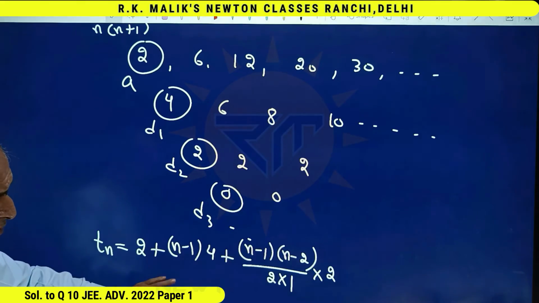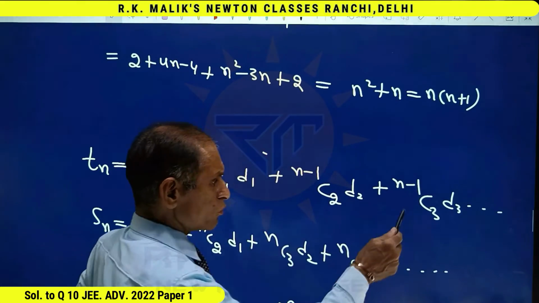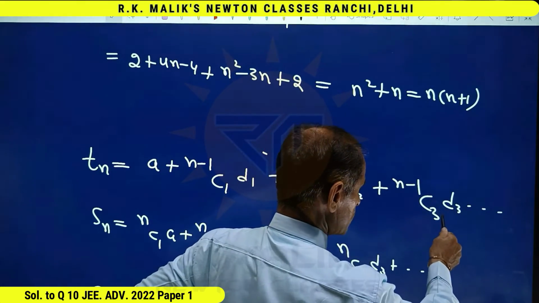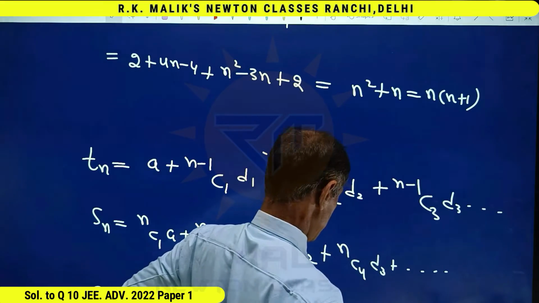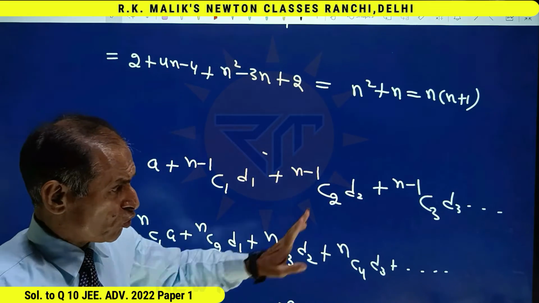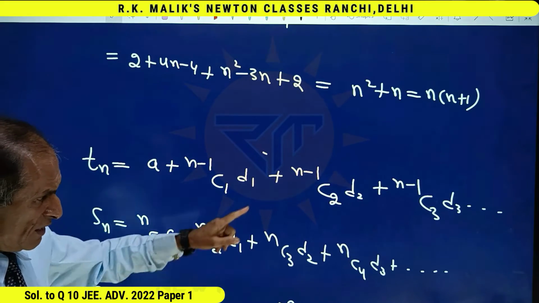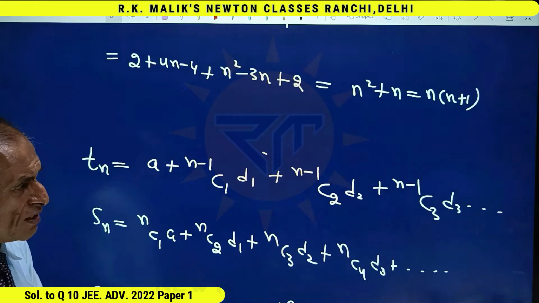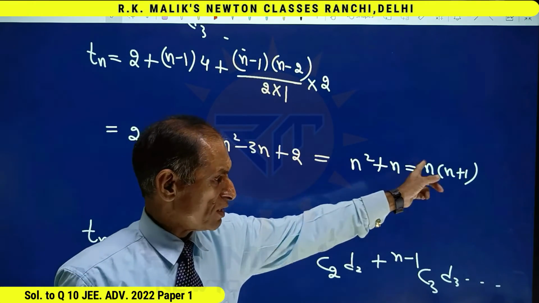In that case, nth term will be up to n minus 1 C3 D3, that is, the nth term will be a cubic expression. In the present case, nth term is a second degree expression as I have found here.